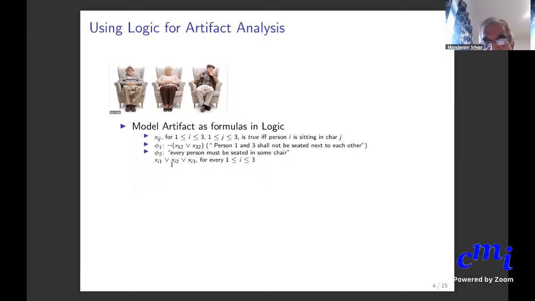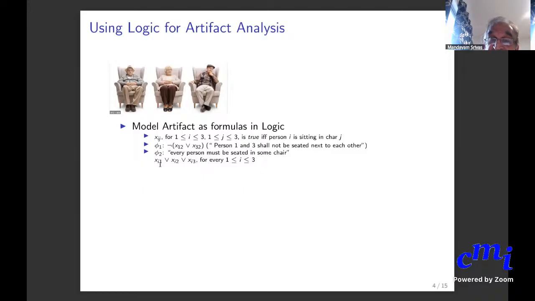Yes, that is there. But if you think about it, this even allows xi1 and xi2 to be true both at the same time, right? By modeling it like this, it allows for the same person to be seated in two different chairs, because it is not saying exactly one of them has to be true, correct?